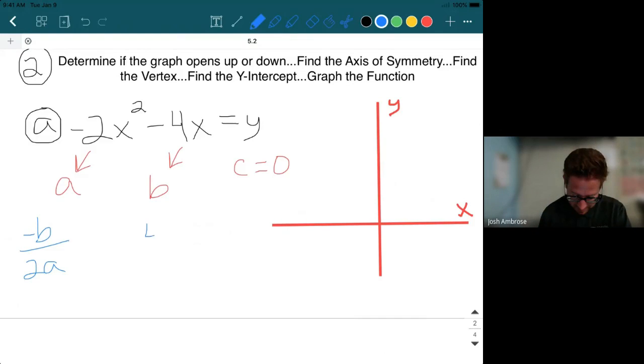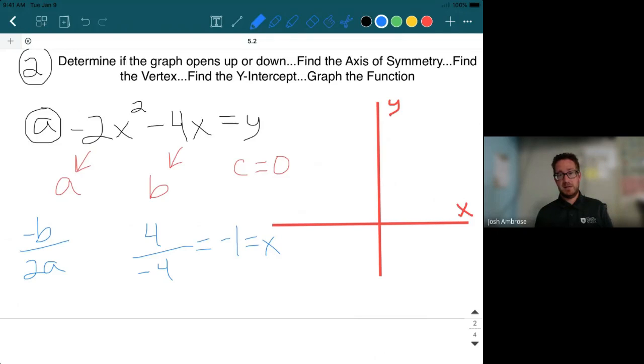That means now we have a positive 4 divided by 2 multiplied by A. What is A? A is negative 2. Negative 2 times 2, we're looking at negative 4, which equals negative 1. So what did we just calculate here? We just calculated the x value for the axis of symmetry.